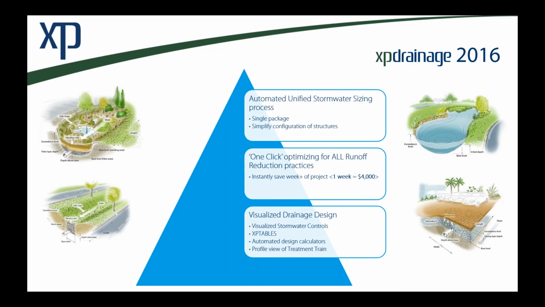So I mentioned before that unified stormwater sizing process. The runoff reduction sizing is just the start, just one piece of how we need to account for flow on our sites. Optimizing that just makes our life easier and prevents those goof ups that can happen.